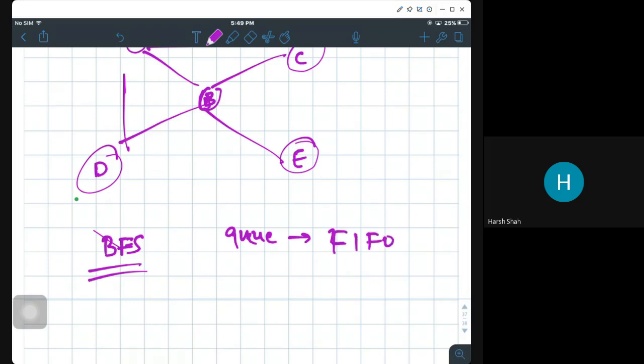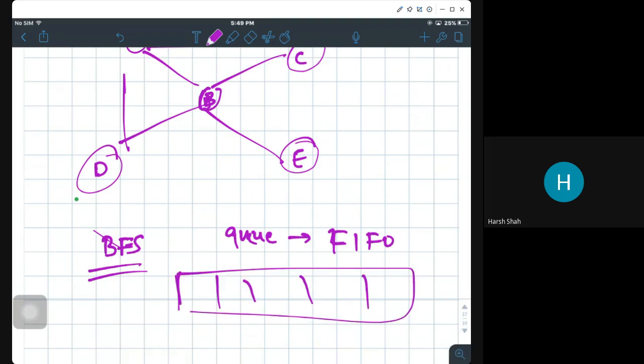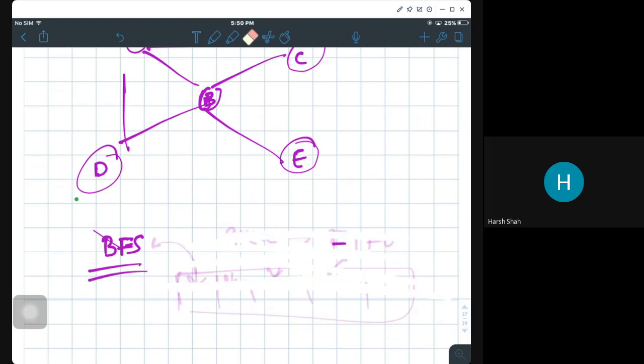First in first out means if I have a queue, I add here, but I remove from here. It's like you are purchasing a ticket and there is a queue of people. Simple.